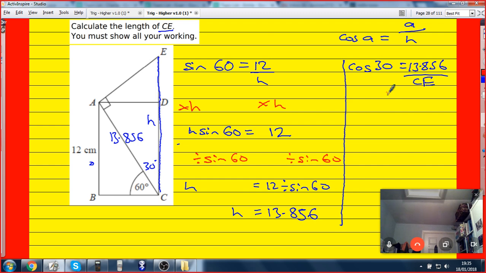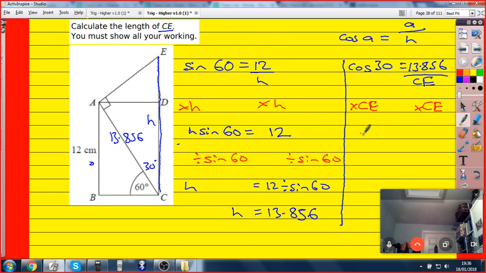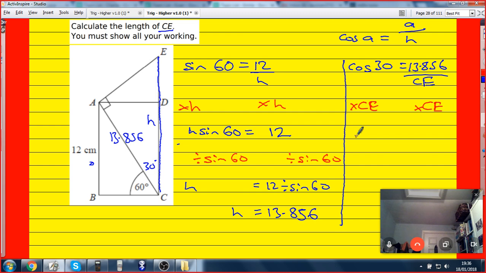The problem is this is like this one. Sine 60 equals 12 over H. Cos 30 equals 13.856 over CE. So we have to times by CE, because at the moment it's in a fraction, so we have to take it out of a fraction.